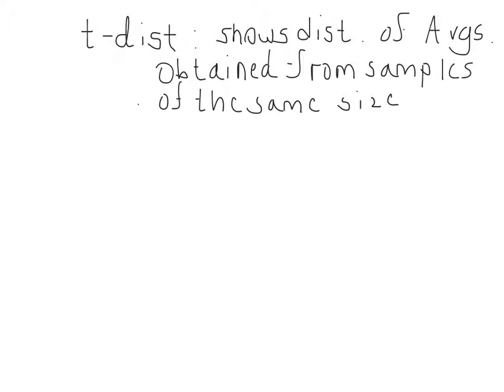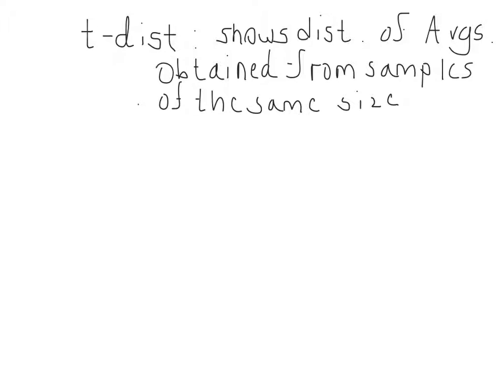First of all, we want to recognize that t-distributions are distributions that show the averages obtained from samples of the same size. So the example I gave last night was, say we were taking samples of size 2 from the population of all Americans, and we were finding the average height.